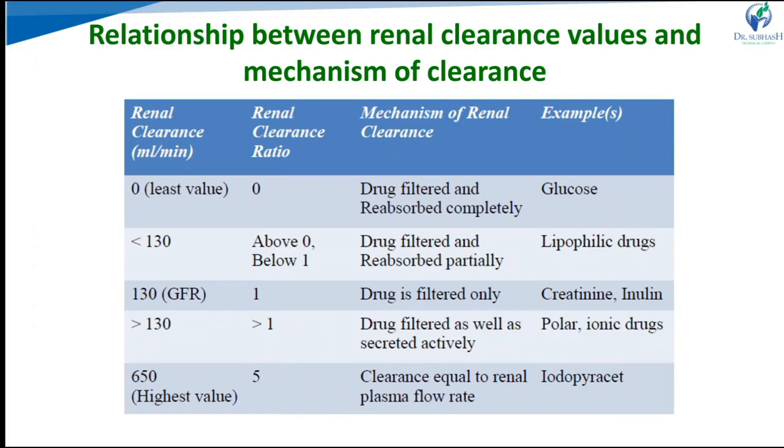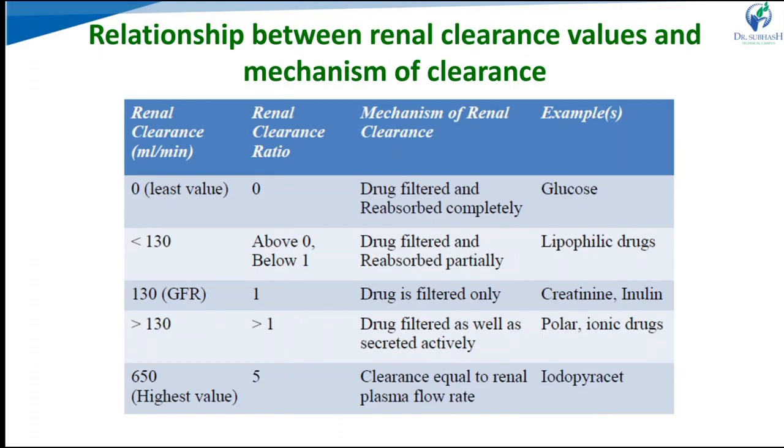If the renal clearance ratio is below 1 or the GFR value is less than 130, in that case the drug is filtered and reabsorbed partially. So both effects are there: glomerular filtration plus net effect of active tubular reabsorption.